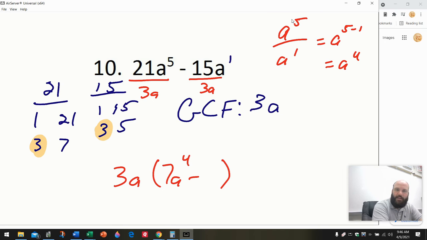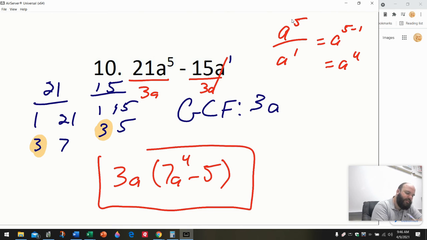And then we have 15a to the first divided by 3a to the first. 15 divided by 3 is 5. And a to the first divided by a to the first is 1. So we don't need that. So what you can see now we're left with, this is the factored form. 3a times the quantity 7a to the fourth minus 5.